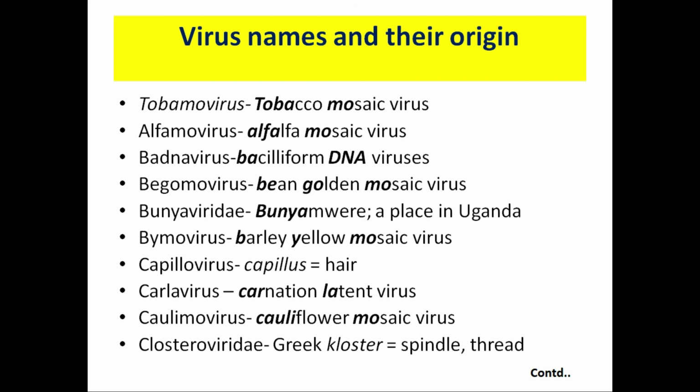Caulimovirus is cauliflower mosaic virus. Closteroviridae is a family. We have also a genus called Closterovirus. Here, closter means spindle or thread shape. We have seen that closteroviruses are very long, in fact the longest, and they are thread-like. So closter means thread or spindle.